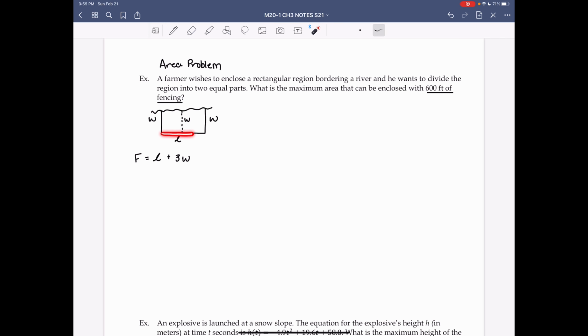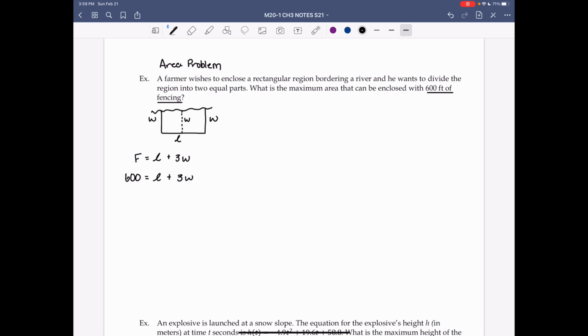We need to fence 1 length, and we need to fence 1, 2, 3 widths. So those 4 things, 1 length and 3 widths, add up to the total amount of fencing. And we know that the total amount of fencing is 600 feet. So 600 has to equal length plus 3 width.